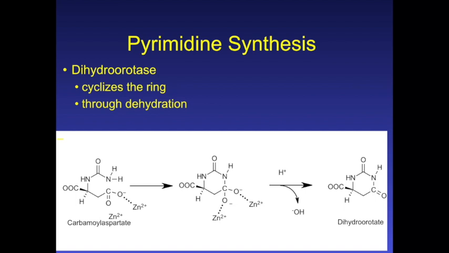The cofactor for this enzyme has the zinc ions. And what happens is the zinc ions will coordinate to those negative charges in the intermediate such that it isn't a resonating structure as you think about an acid, and those positive charges will allow this reaction to occur.